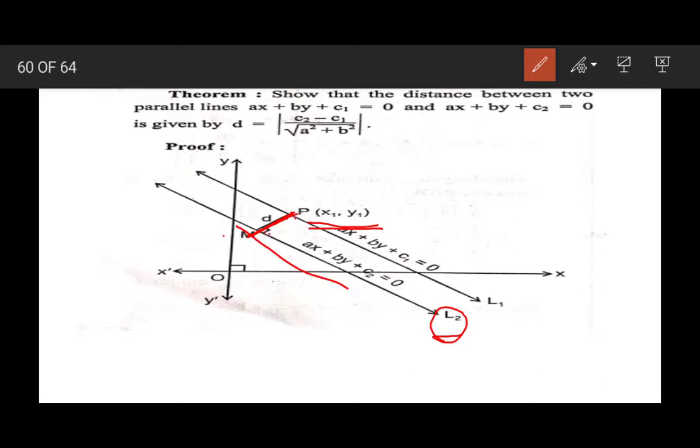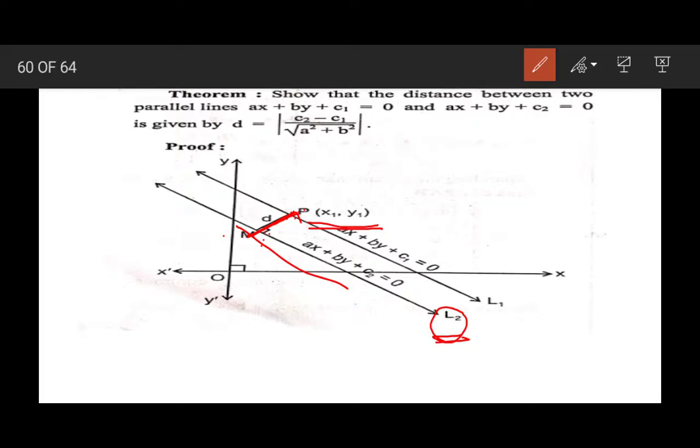Forget this L1, just think about this point. Then P is a point and L2 is a line, then D will be the distance of a point from the line, right?